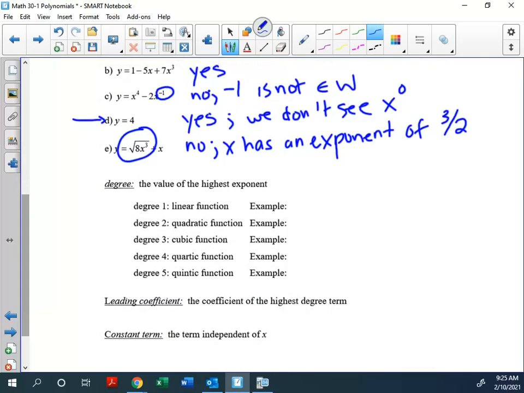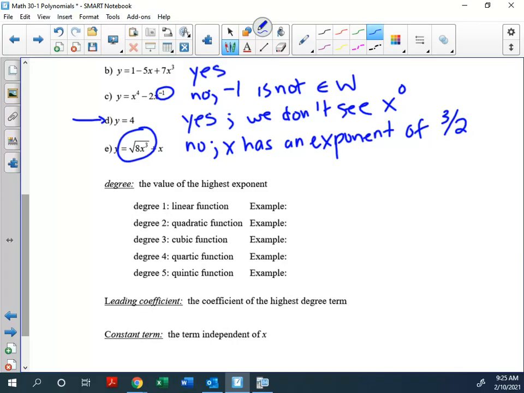Okay, way back in 10C, one of those things that we taught you, then talk about for like 5 seconds, and then move on from and expect you to remember into 30-1, is this: the degree of the equation is basically the highest exponent you see. So we do that in chapter 3 of 10C, and we never talk about it again.